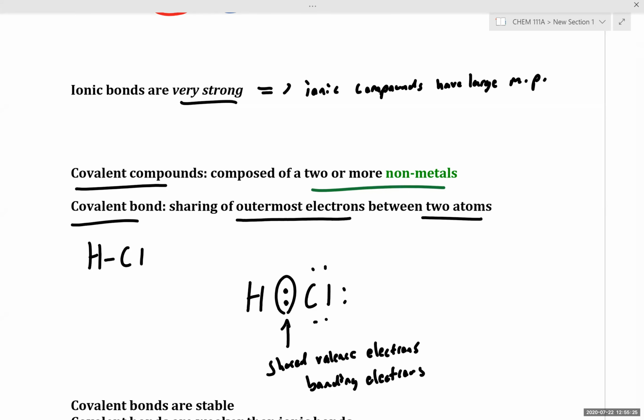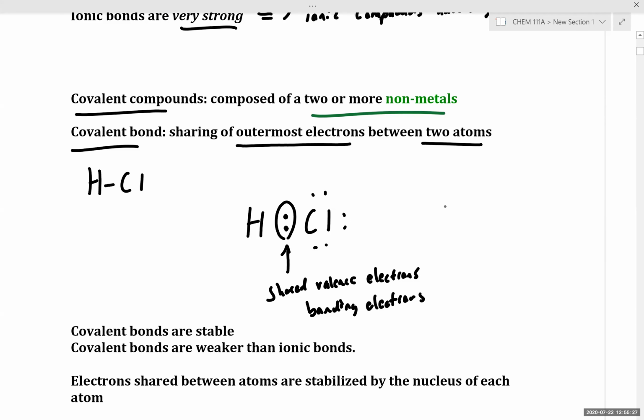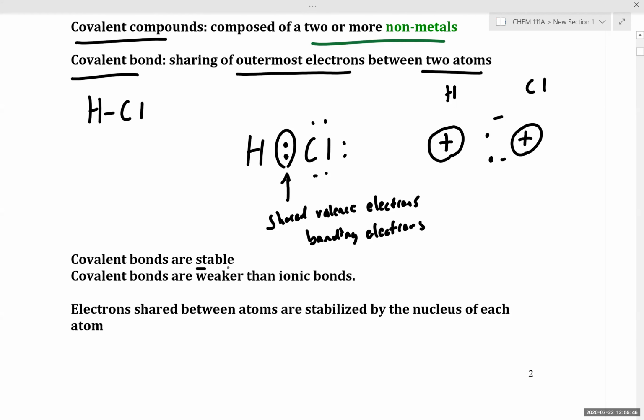for this covalent bond. The reason why a covalent bond is stable is if you think of each of the nuclei of our two atoms as a bundle of positive charge, the electrons shared between our atoms are stabilized by this positive charge. So covalent bonds are stable, however, covalent bonds are weaker than ionic bonds.